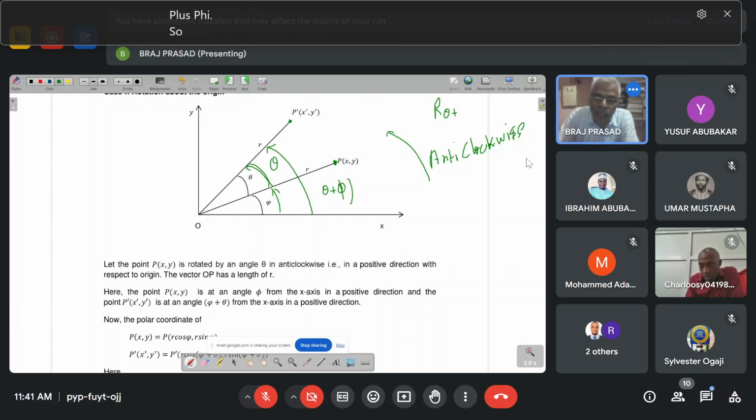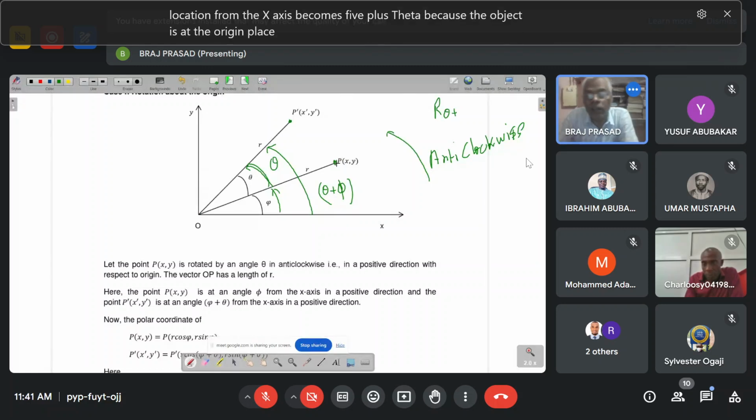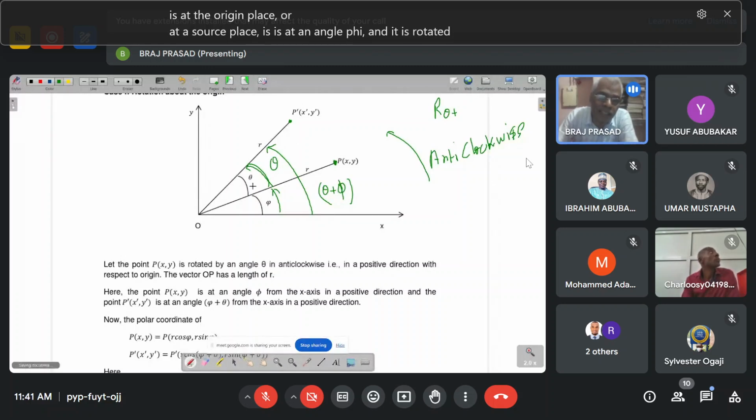So the actual angle of this new location from the x-axis becomes phi plus theta, because the object at the source place is at an angle phi, and it is rotated by an angle theta.